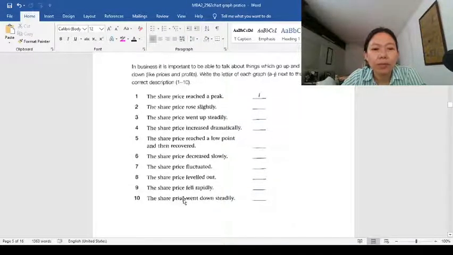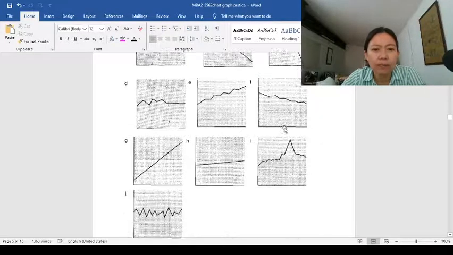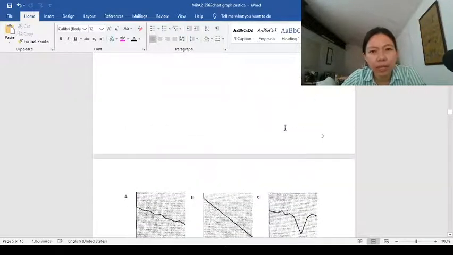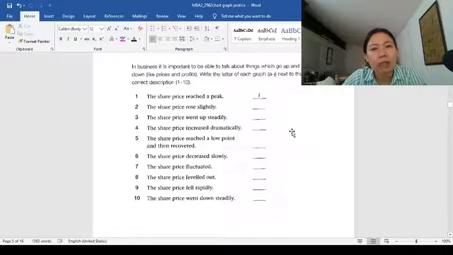Next, we have 10 statements describing the line graph. What I'd like you to do now is to match the statement with the pictures here. I have 10 pictures and 10 statements. For example, look at the example together: the share price reached a peak. So we have the subject, a share price, reached a peak.